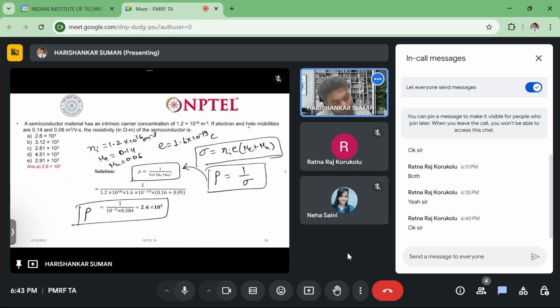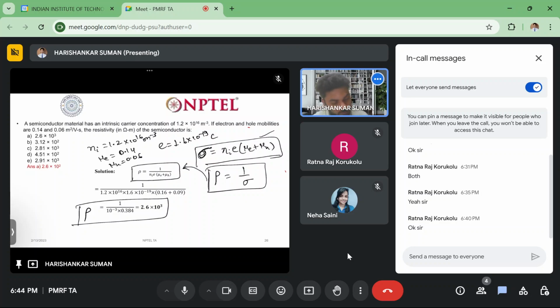Next, also on resistivity, conductivity and resistivity. We know resistivity is 1 upon conductivity, and for conductivity we have a formula: charge carrier density, concentration, electronic charge, and mobility.